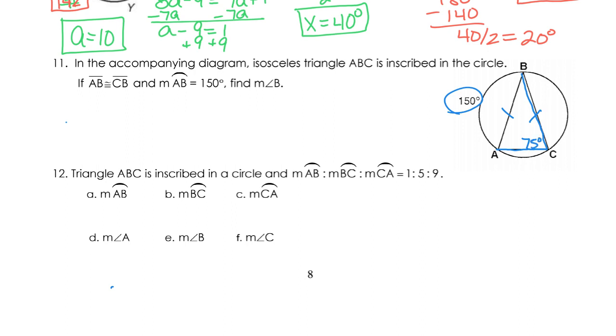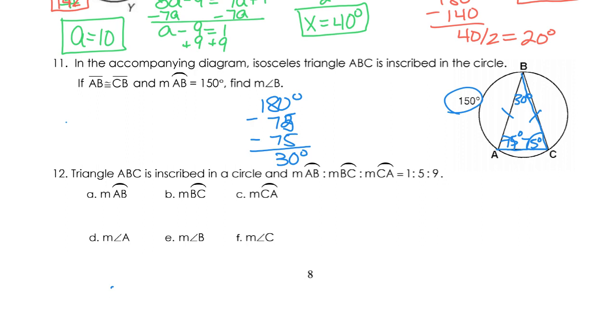Angles across from congruent sides are congruent, so this angle would be 75. Now I can take my triangle sum and take away the 75s, and be left with 30 degrees left for the vertex angle.